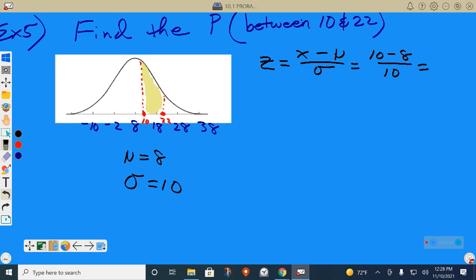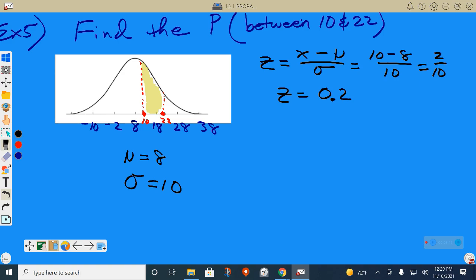Ten minus 8 is 2, if my coffee has kicked in. 2 divided by 10 is 2/10, 0.2. So the z-score is 0.2, which makes sense. 10 is not even a standard deviation above 8, the mean. It's 2/10 of a standard deviation above. Not even one above. So that z-score makes sense.